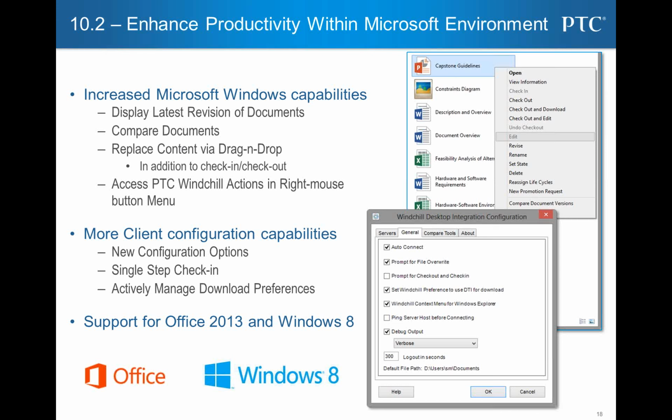So those are some of the things just to facilitate the common ways that people want to work with documents in an efficient and friendly way. There's support also for those of you who are on Office 2013 or perhaps Windows 8. Those are both supported now.